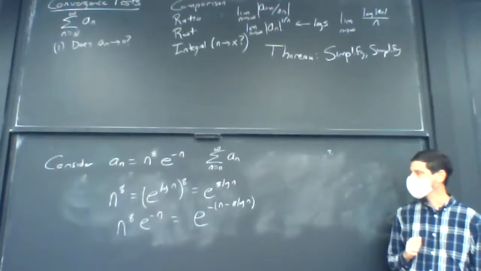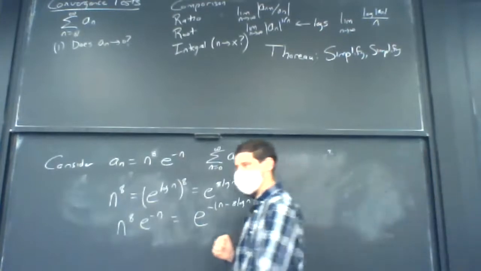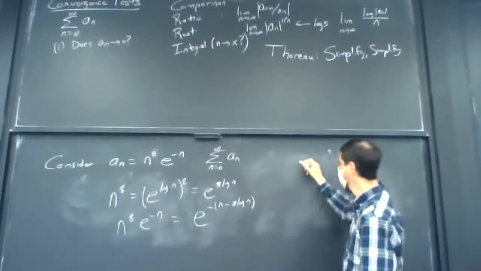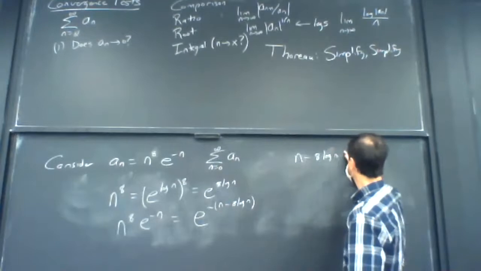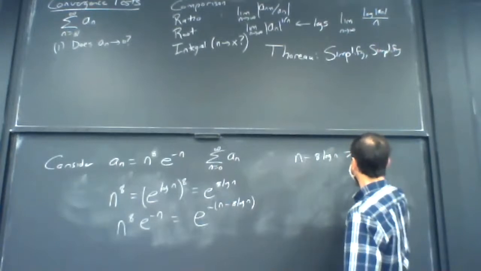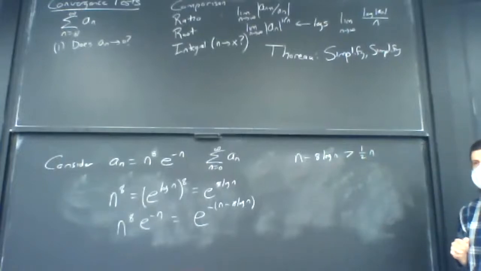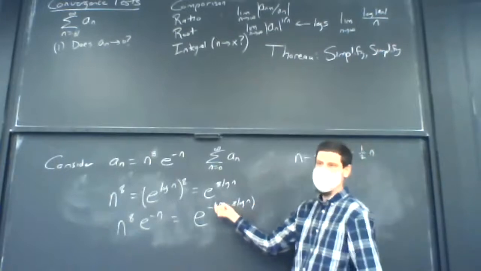Which is growing faster, n or 8 times log of n? n. And so in fact, once n is really, really large, n minus 8 log n is greater than 1/2 n. Because when n gets really, really large, n minus 8 log n is essentially n.